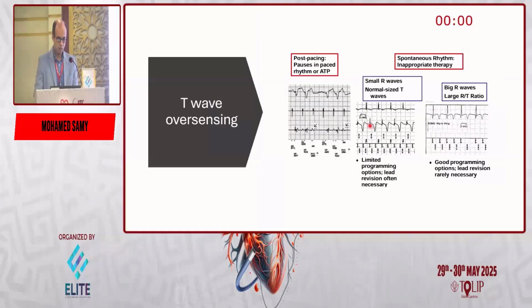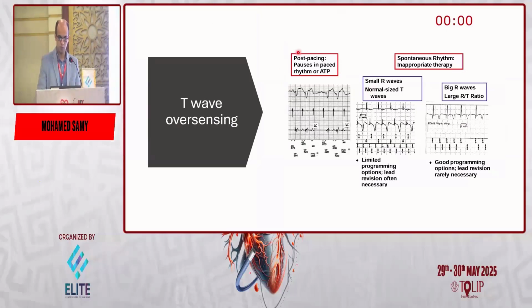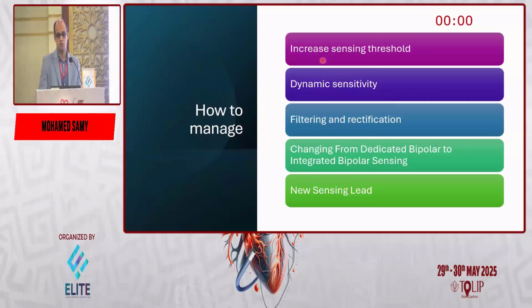The T-wave oversensing may cause bradycardia due to post-pacing pauses. We may have a large R wave with normal-sized T-wave or a small R wave with normal-sized T-wave, and in this situation, we have few options to solve it. How to manage T-wave oversensing?